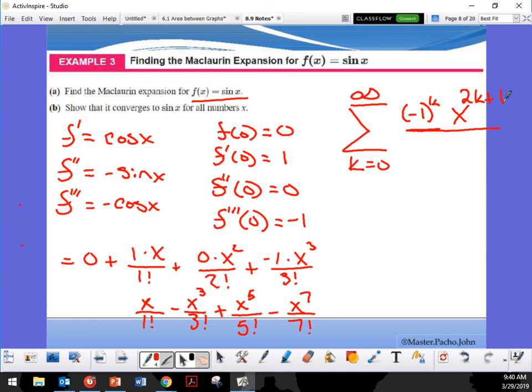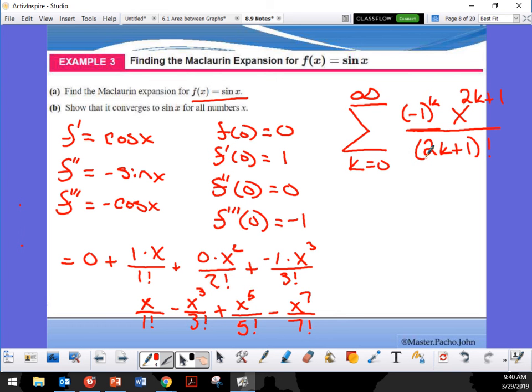Okay, so now what about my bottom numbers? 2k plus 1? So you're saying 2k plus 1 factorial? Let's see what we get.